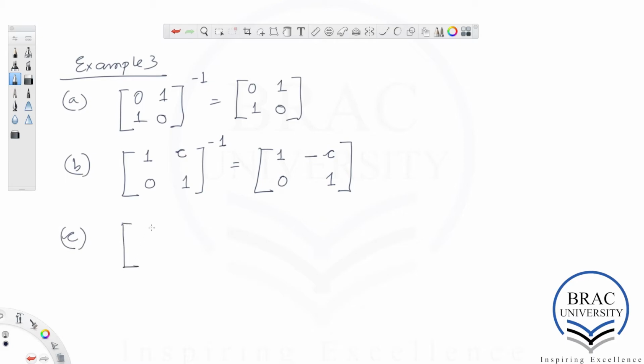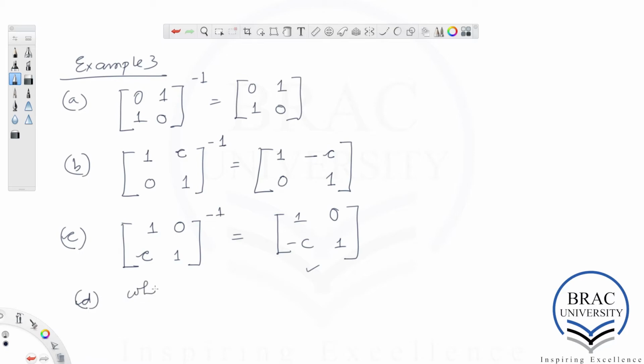Again, the inverse of this 2 times 2 elementary matrix is given by 1 0 minus C 1. You can check that it is indeed the two-sided inverse of this elementary matrix.